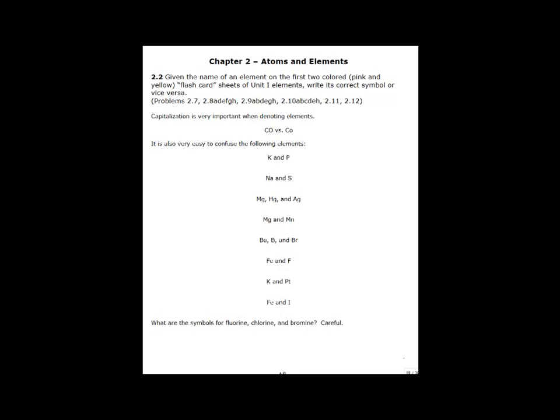As you probably noticed when you were learning those cards, it's very important to pay attention to capitalization when you're talking about elements. So capital C and capital O is something different than capital C lowercase o. So this is carbon monoxide.